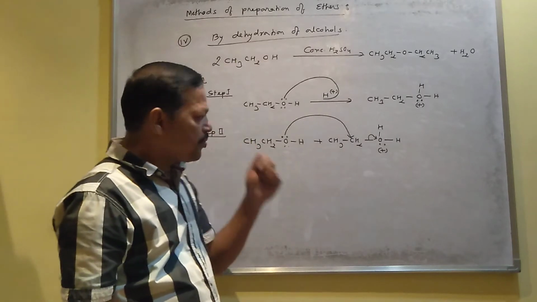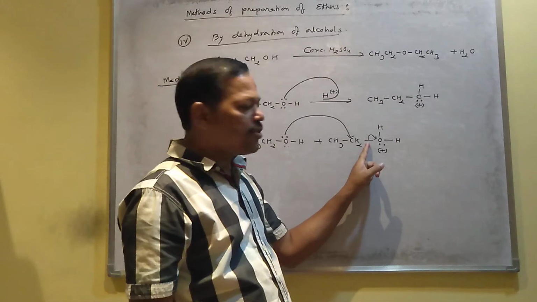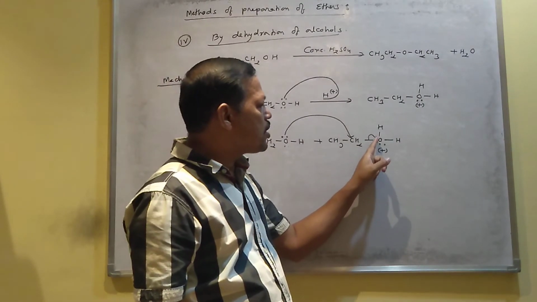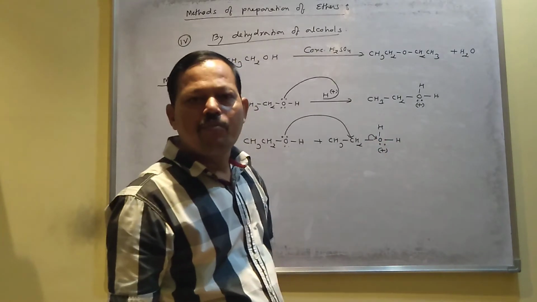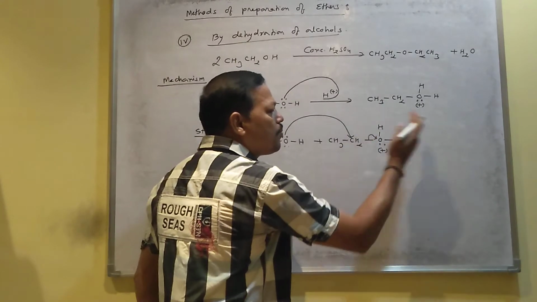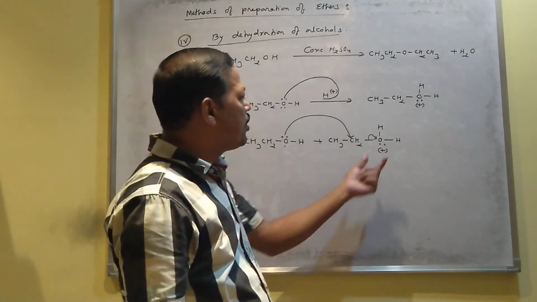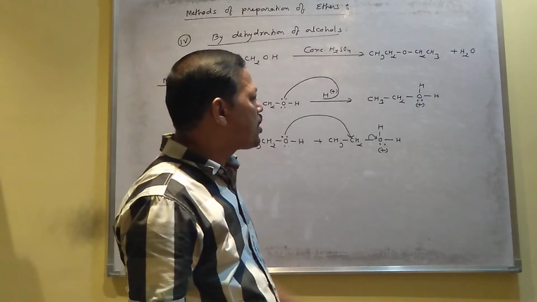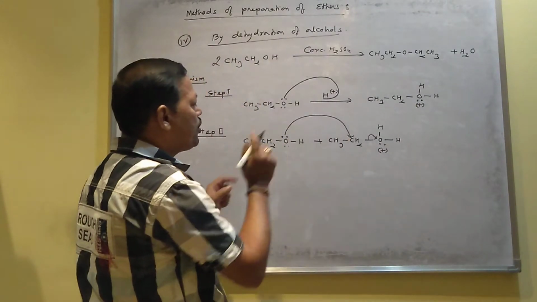As you know, a single bond contains two electrons, so two electrons will come towards oxygen, then the oxygen becomes neutral. And when you break this bond, this part will be completely released as H2O, a water molecule, and this part will join with it.